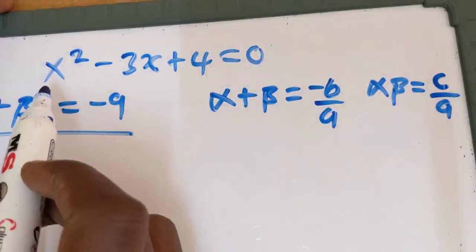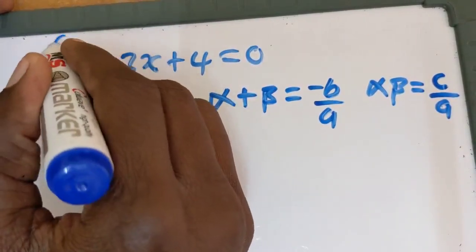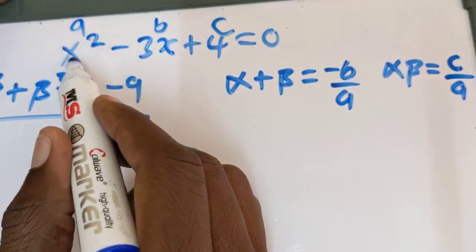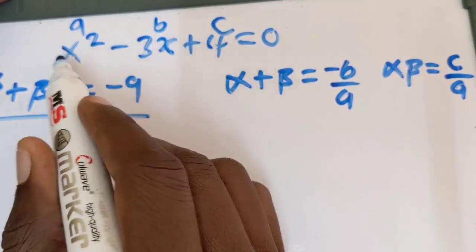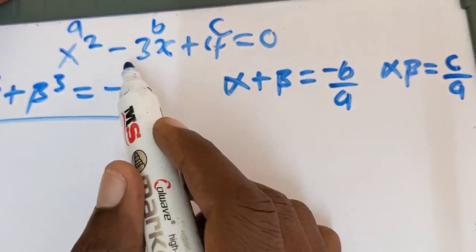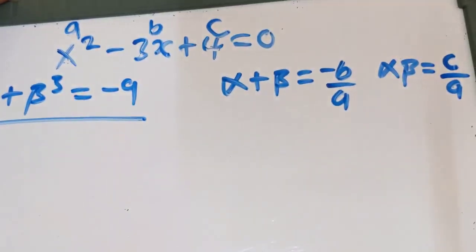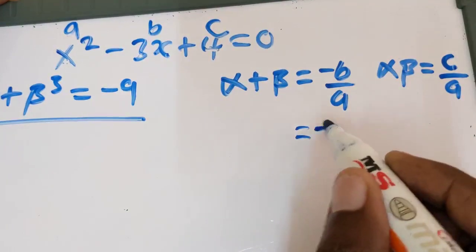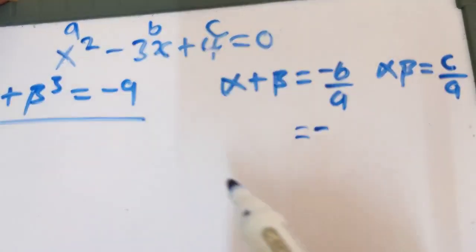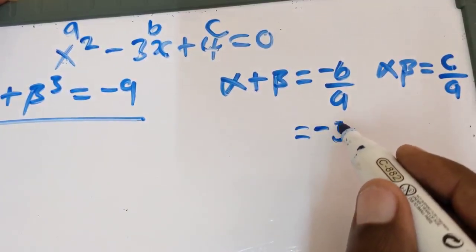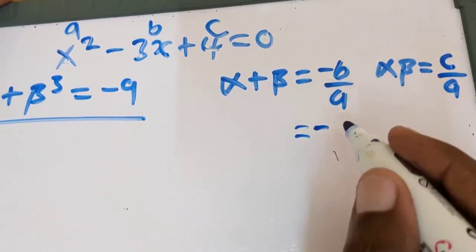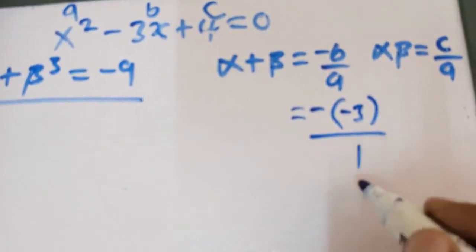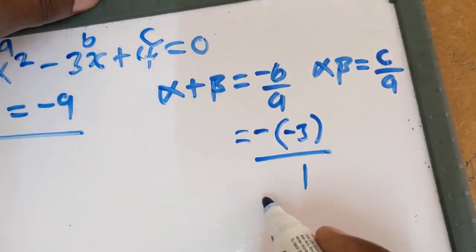From the equation that we are given, this is a, this is b, this is c, so the coefficients are a is 1, b is negative 3, and c is 4. So the sum is negative b over a, which is negative of negative 3 over 1.